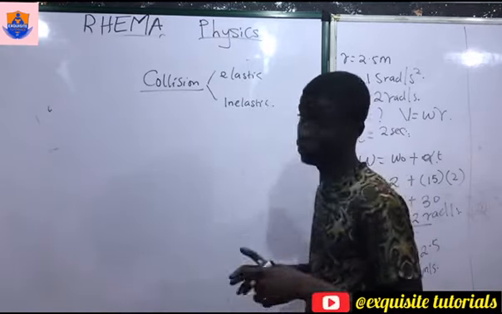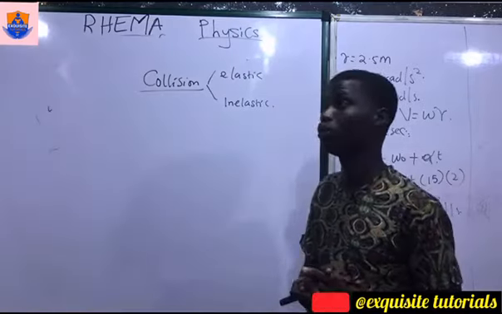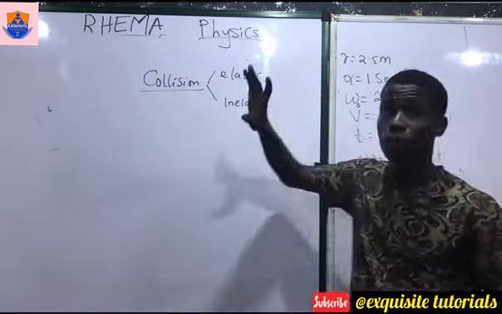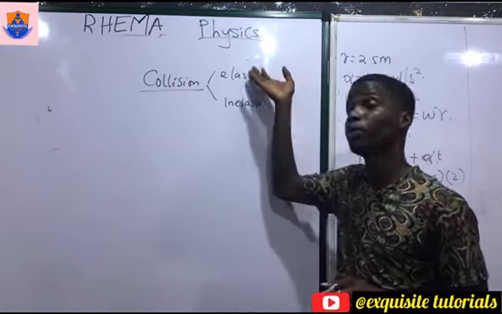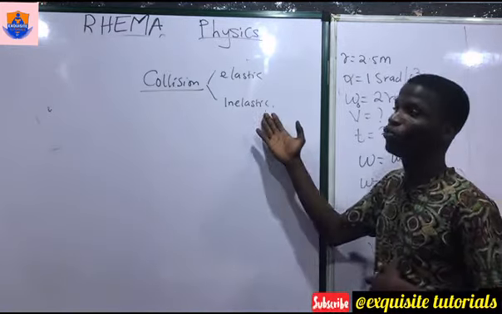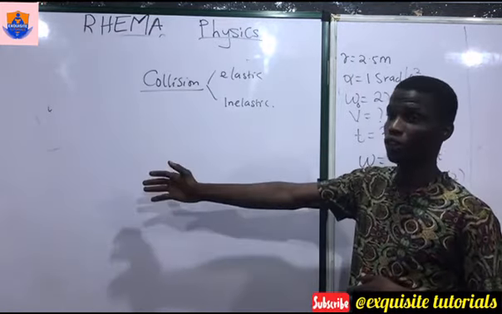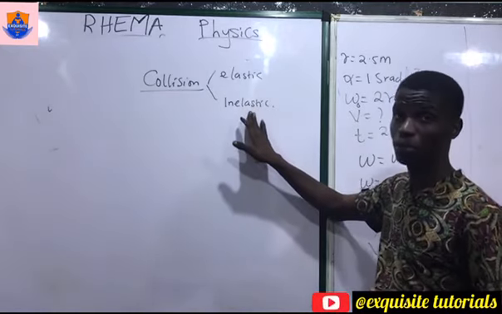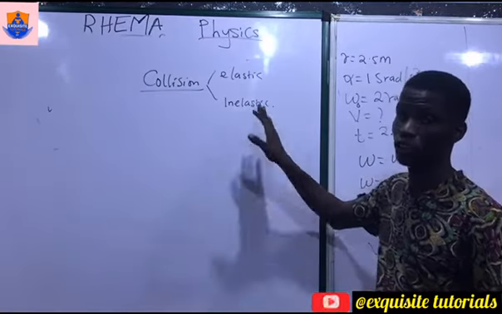The main difference between these two collisions is that for elastic collision, both the momentum and the kinetic energy are conserved. But for the inelastic collision, just the momentum is conserved, but the kinetic energy is not conserved.